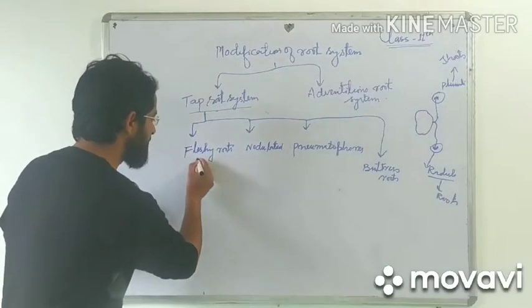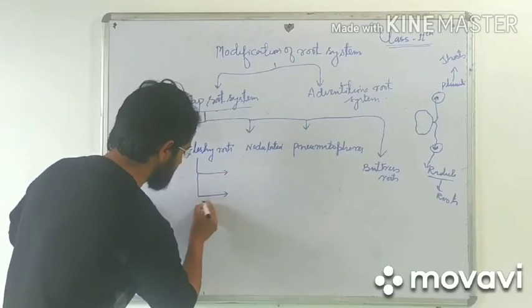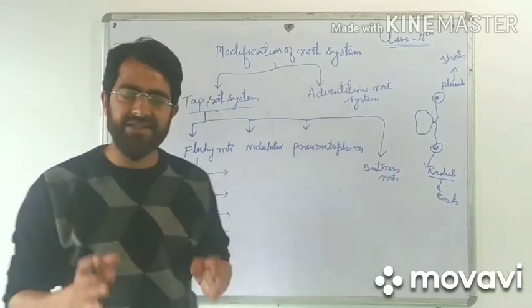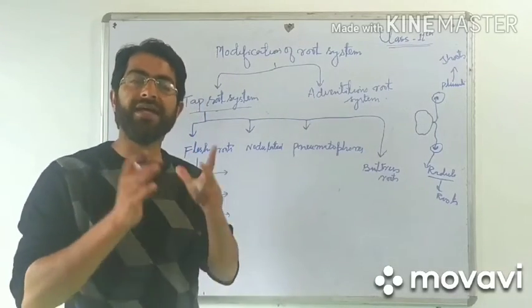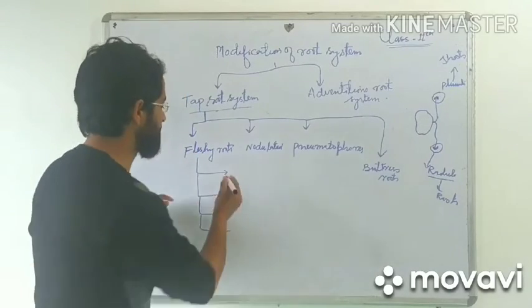First, we will discuss fleshy roots. Based on outer outlook or external morphology, fleshy roots have been delimited into the following types.